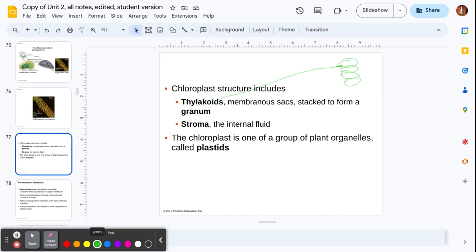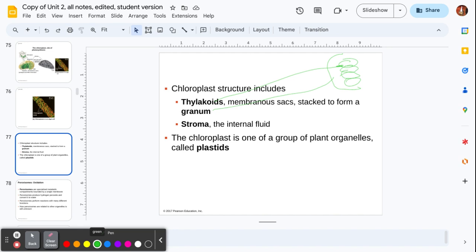And the whole thing together is a granum. I think of the thylakoid as a pancake, kind of, and the granum would be a stack of pancakes.